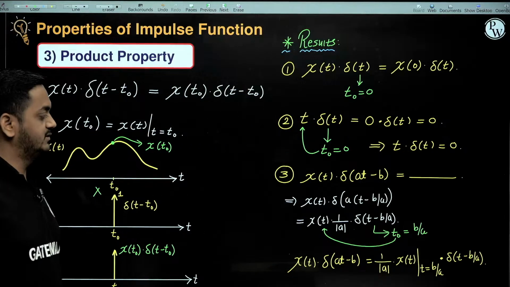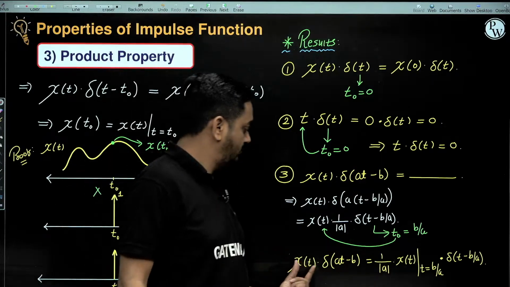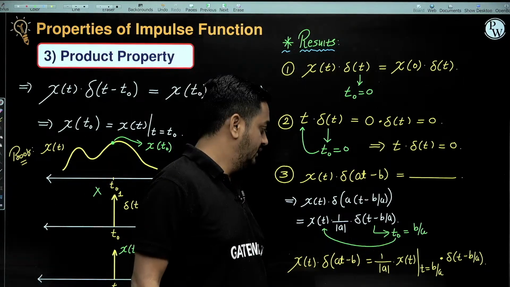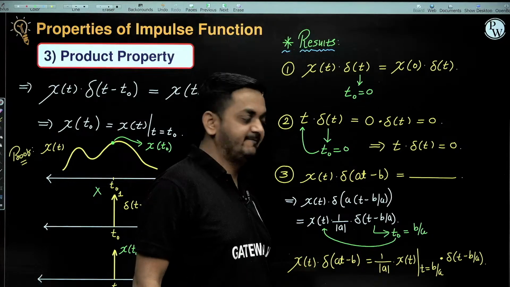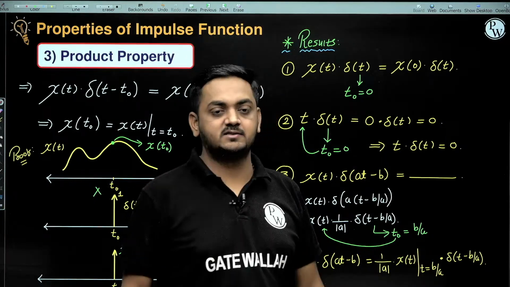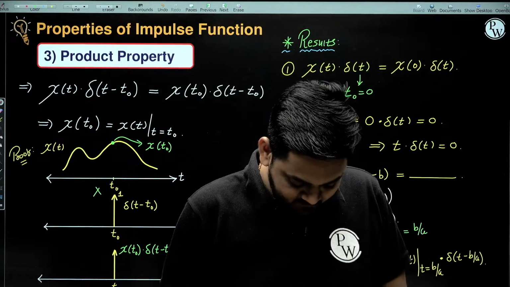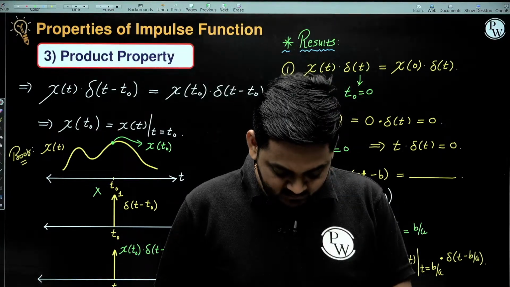So this is a very important result. So x of t into delta of a t minus b is equal to 1 by mod a into x of t value at b by a into delta t minus b by a. Correct? Fine. Is this clear?